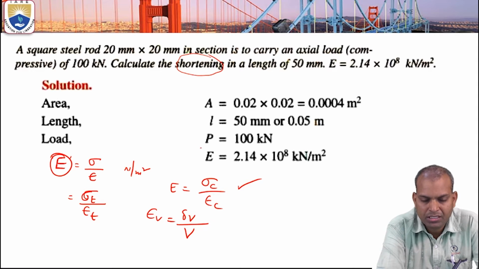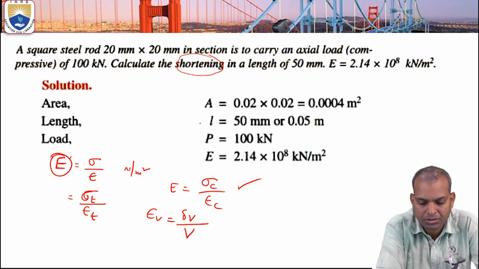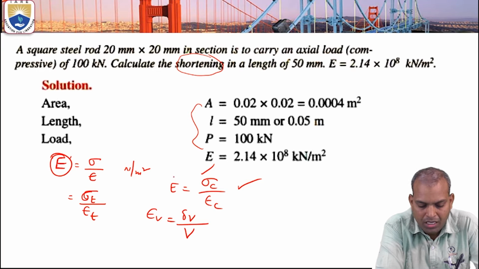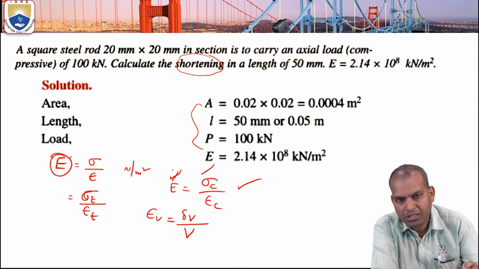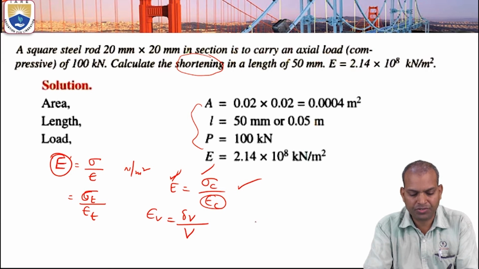The load here is 100 kilonewtons, and the area of cross section is 0.0004 square meter. From these two parameters, we can calculate compressive stress. And E was given here. The modulus of elasticity is a known value. The unknown is epsilon C.